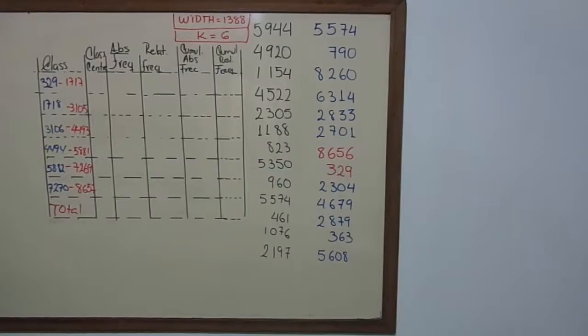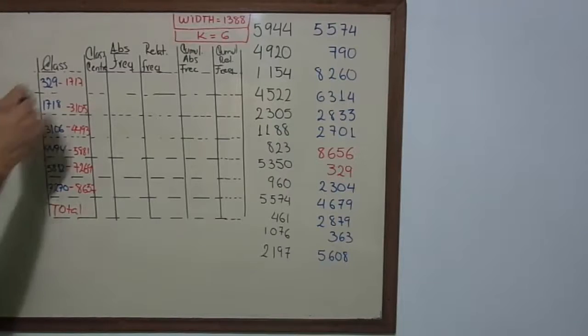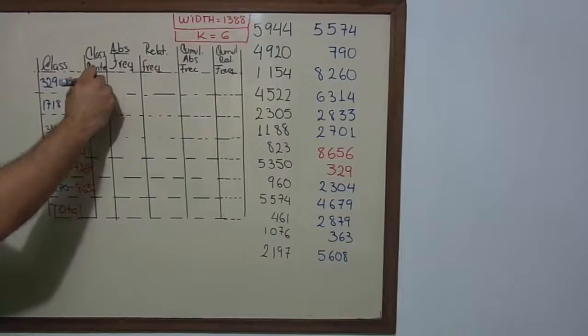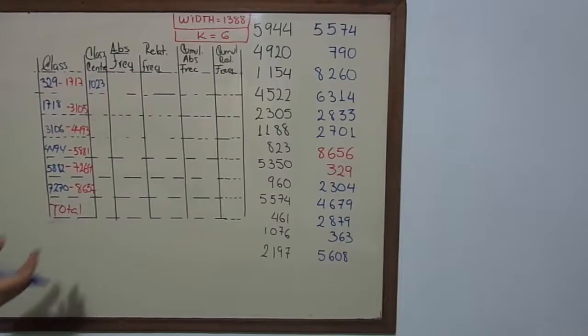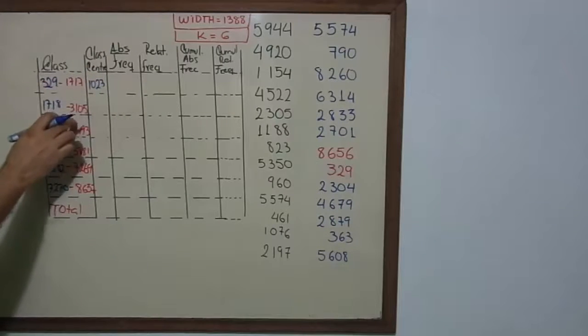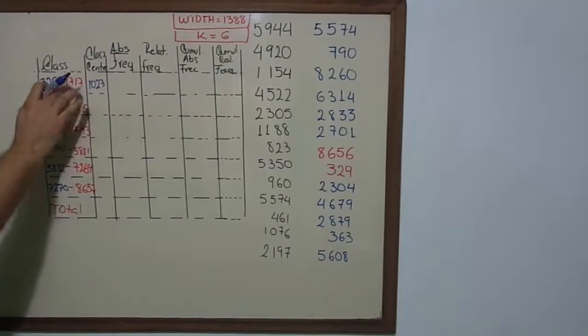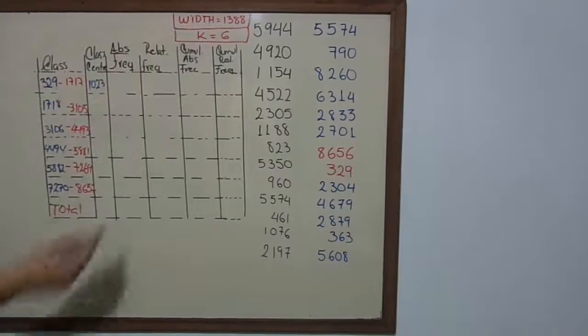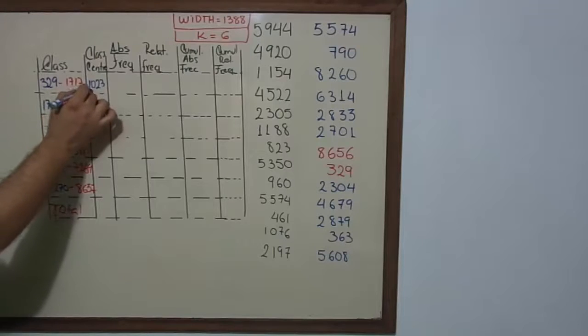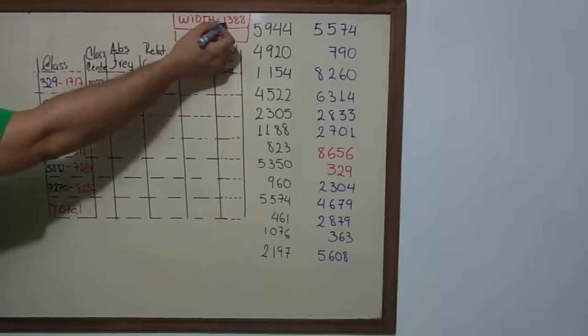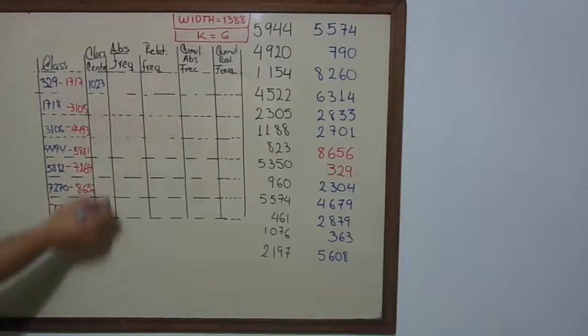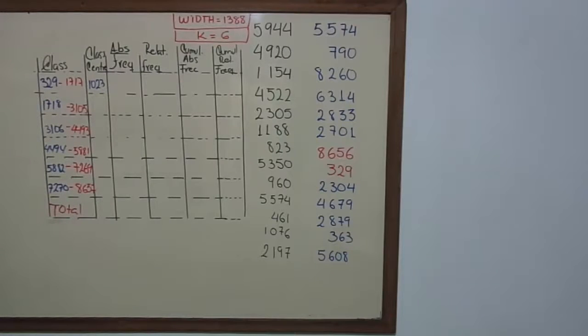For the first class, we're going to add 329 to 1,717 and divide by 2, and that's going to give us 1,023. And since they are separated by 1,388, we can take this number and add 1,388 and place all the numbers here, like this.